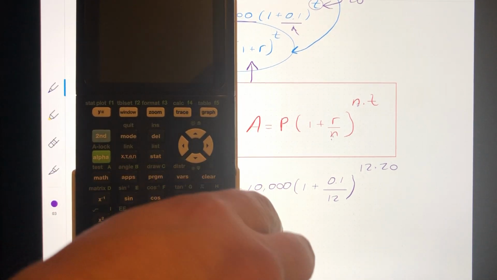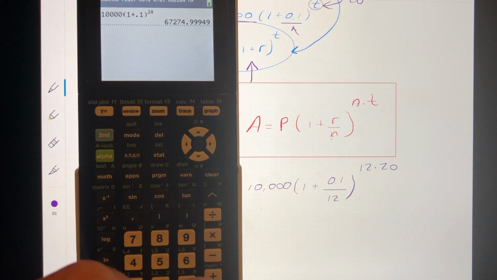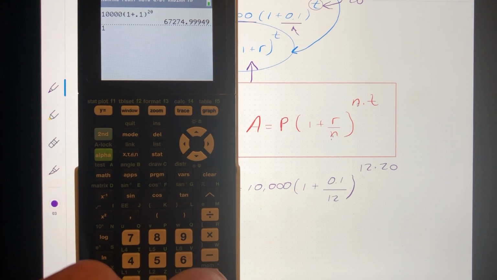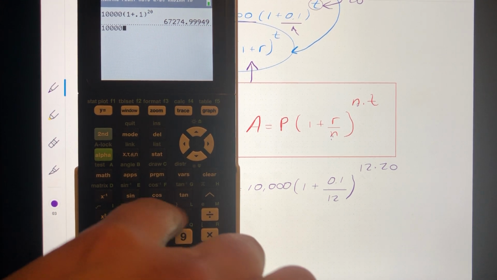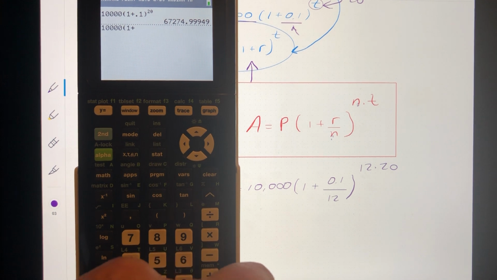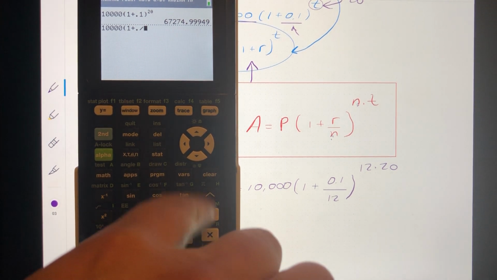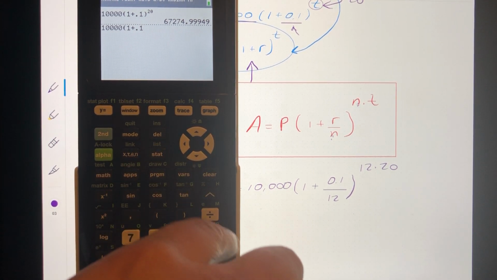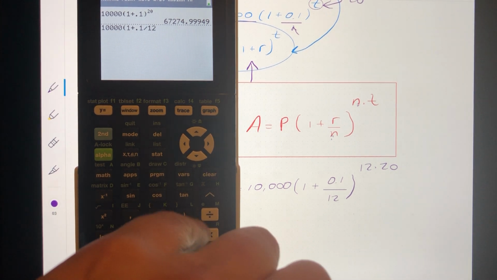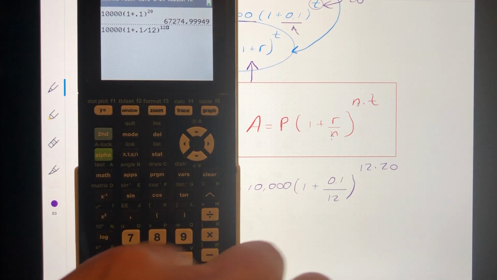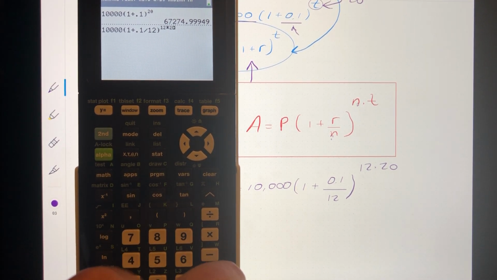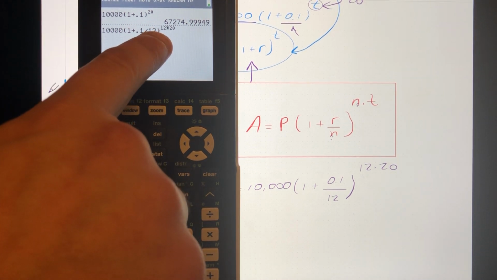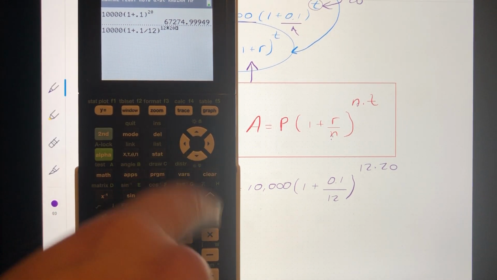So here is 10,000 times 1 plus 0.1 divided by 12, to the power 12 times 20. We have to make sure that both numbers are in the exponent, otherwise it will not compute correctly.